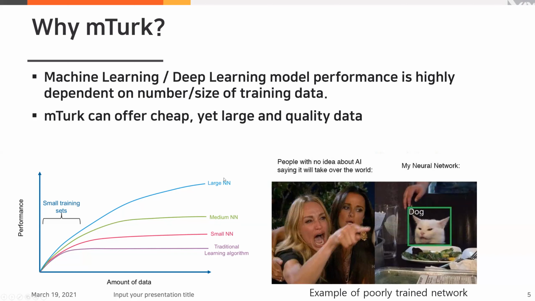But the larger the neural network sizes, the more data you need to make it perform better, right? But if you don't train them enough with data, it may overfit or underfit and may not result in good quality. So in the end, you would still need a lot of data to train on. And mTurk can offer very cheap and yet large and quality data for your neural network training model.